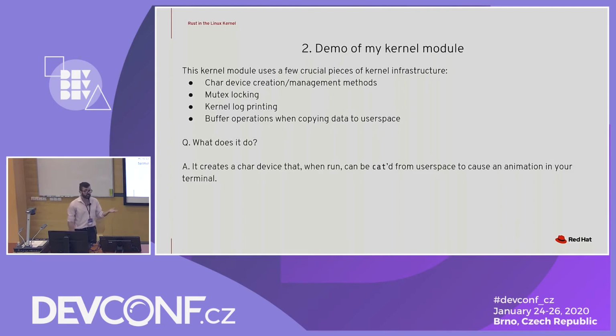It's going to even be able to print out to the kernel logs, and it does some buffer operations that are actually marked as safe and encode the length in the buffers, so we don't really have to worry about buffer overflows here. It's really just going to create an animation: when you cat the device node, it's going to display an animation.